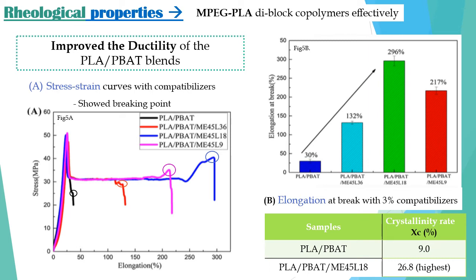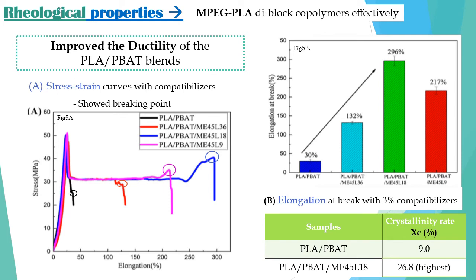ME45L18 copolymer gives the best result of improved ductility of polymer blends. From the green color of the bar graph, increased crystallinity may imply an increased elongation in the blend, indicating better compatibilization.